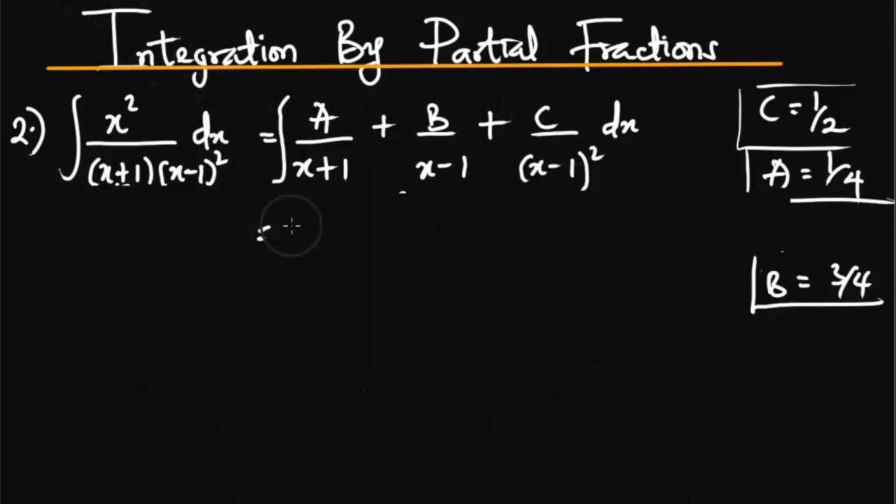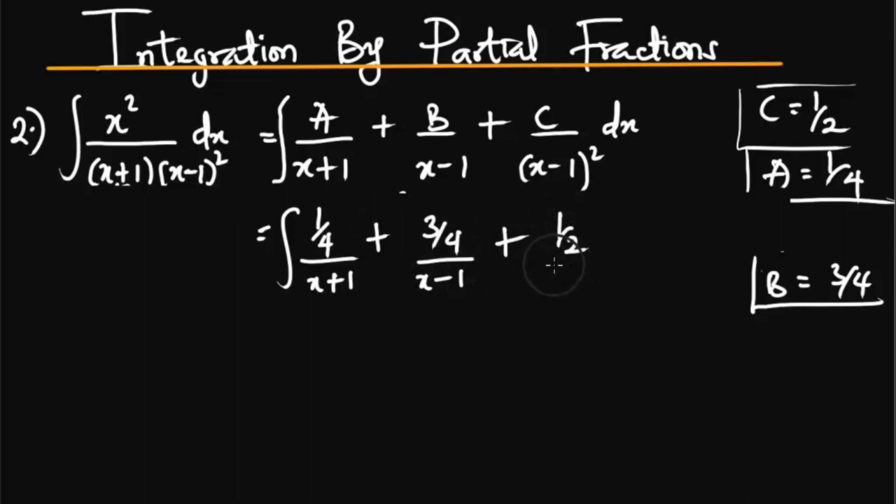And so we're going to have this be equal to the integral of 1 over 4 over x plus 1, plus 3 over 4 over x minus 1, plus 1 over 2 over x minus 1 squared, dx. So we can split our integrals and bring out 1 over 4, 3 over 4, and 1 over 2.